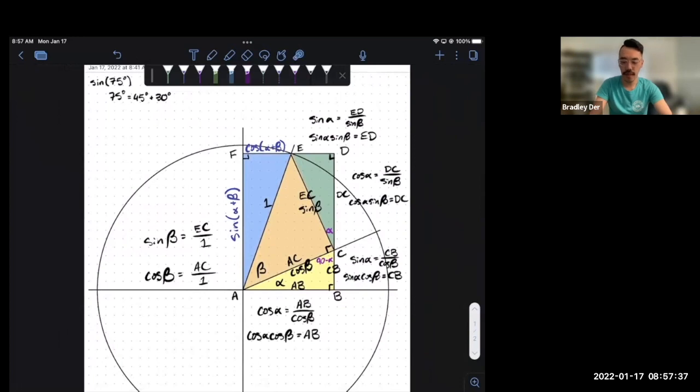Right, so to recap all that from the beginning, we had a sine of an unknown angle that we could break into more knowable angles, right?